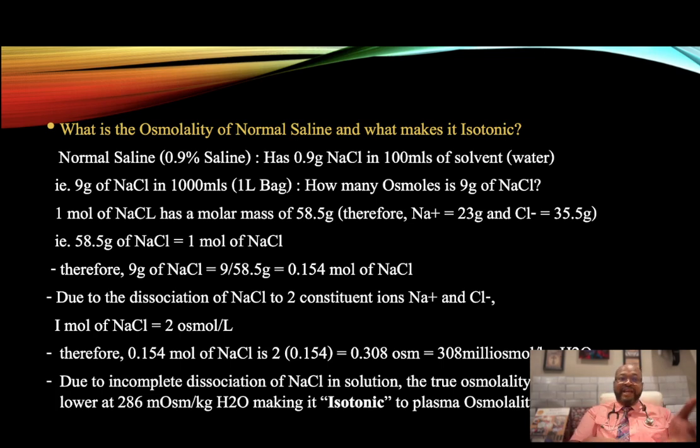And this happens with every solute you dissolve in a solvent. It's not a complete dissociation. So the true osmolarity of normal saline is a little lower than that 308 milliosmoles per kilogram, around 286 milliosmoles per kilogram, making it isotonic to plasma osmolarity.